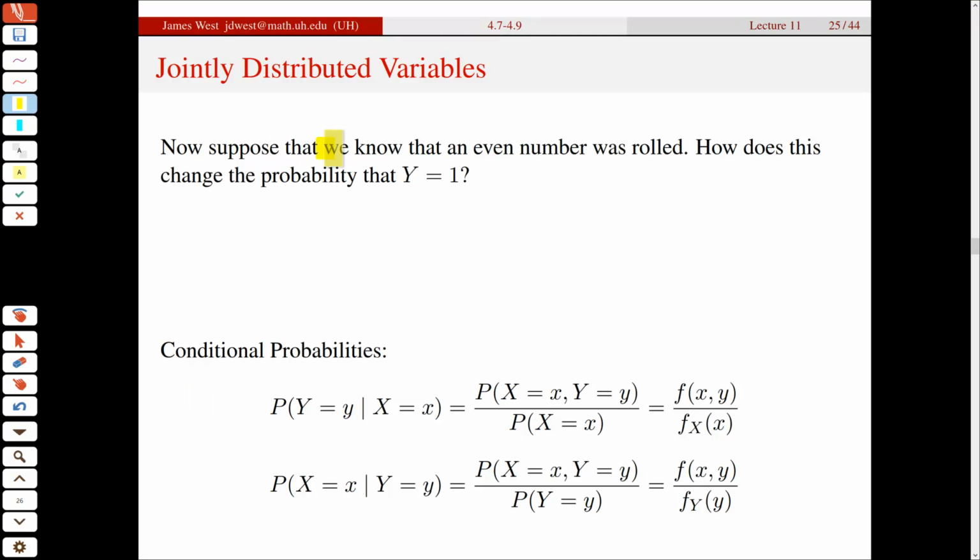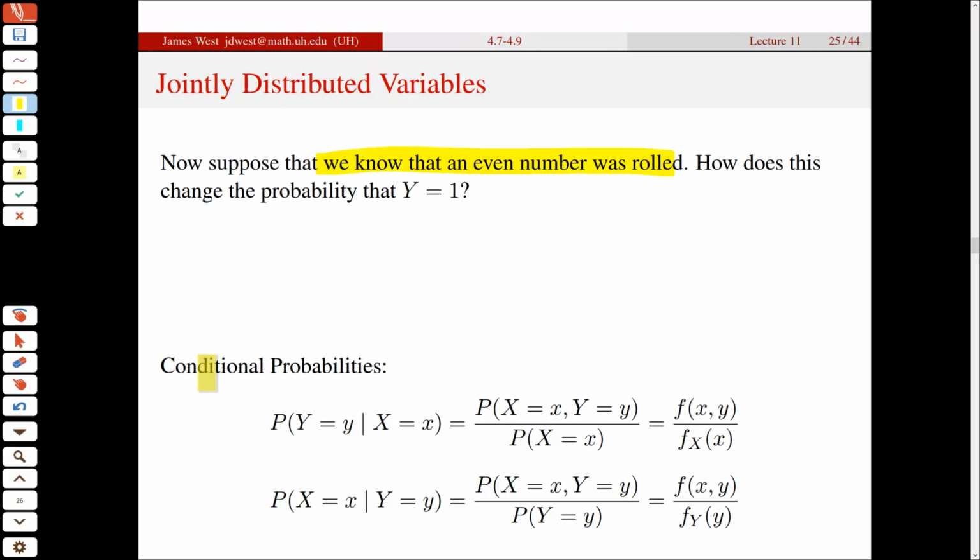What if we know that an even number was rolled? How does this change the probability that y equals 1? So we're looking for the probability that y equals 1 given that an even number is rolled, meaning that x has to be equal to 1. So what we're looking at here is the probability mass function of fy given x at 1, 1.